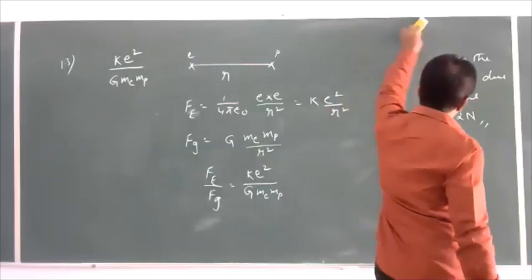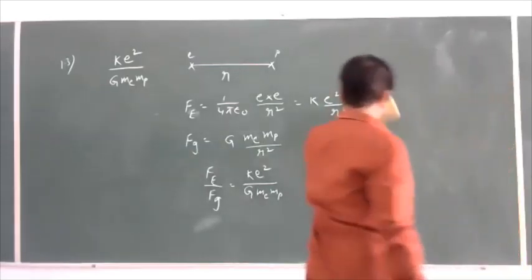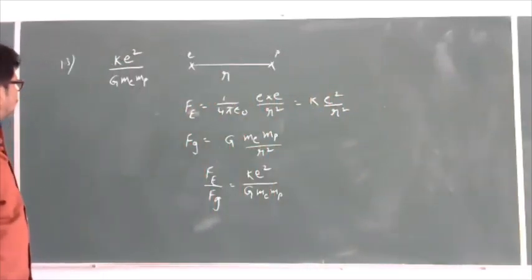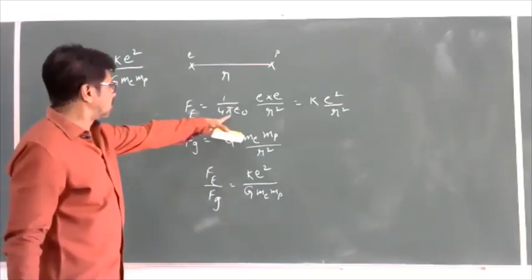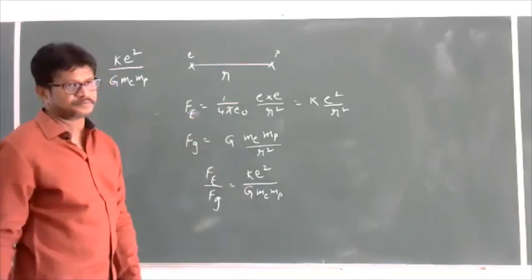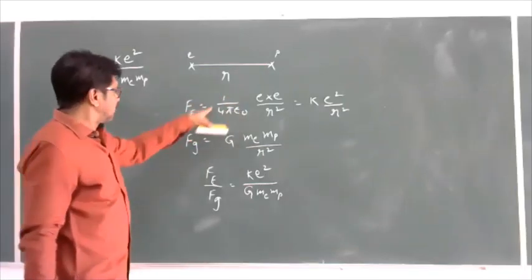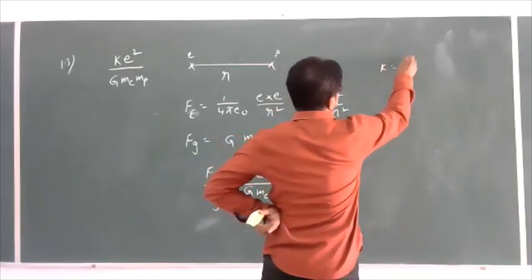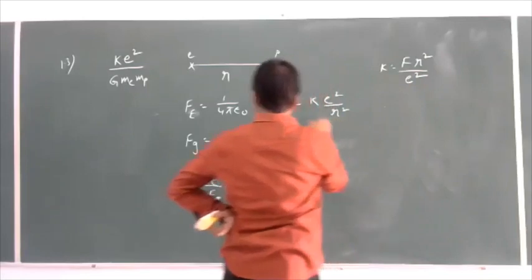substituting the units or substituting the dimensional formulas. Then what is the dimensional formula for K? Here, I am calling it K. From here, K is equal to F r square by e square.